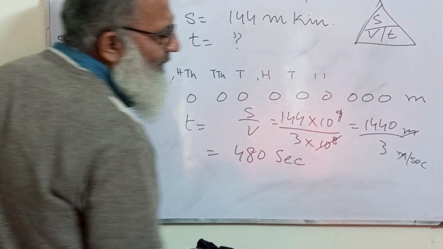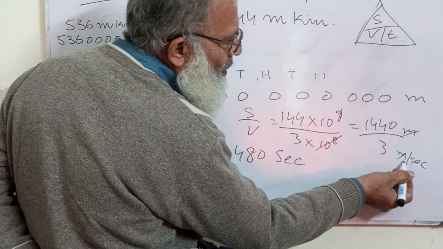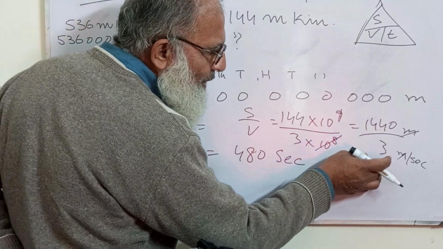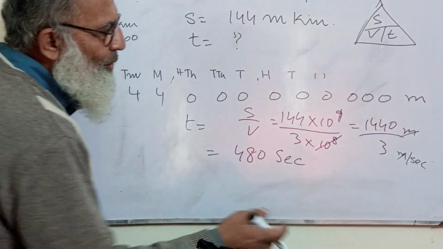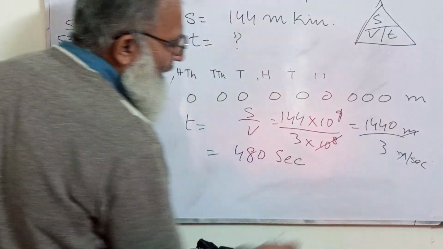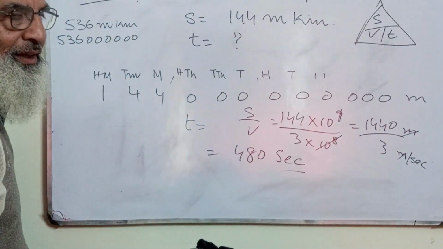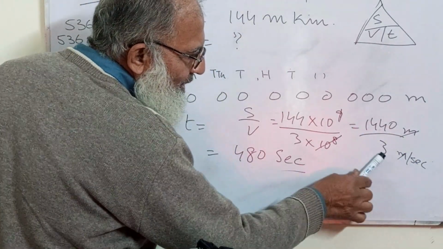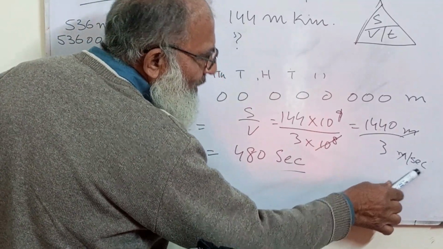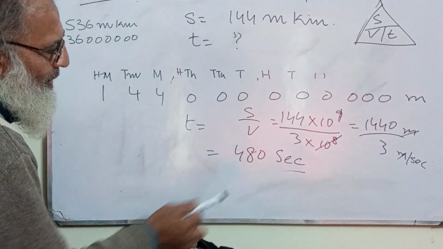So this will cancel with this, and because this is already in the denominator of the denominator, it will rise up over here. So it will become seconds here. It is in meters per second, in the denominator, so it will jump up over here. So it is in seconds.